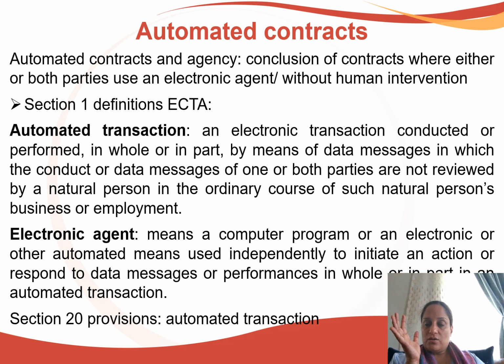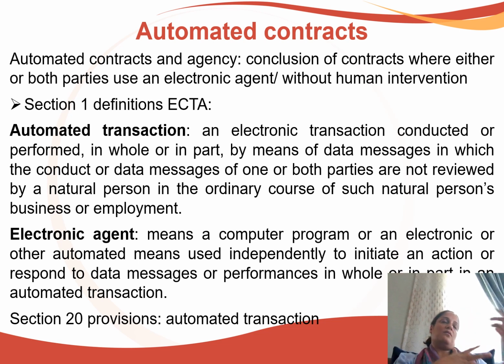What about automated contracts though? You've got all of these other contracts where you've got this meeting of minds happening and formalities and so forth. What about those automatic ones where you just click and then it's gone? Right at the onset of the ECTA, in Section 1, they talk about automated transaction and electronic agent, and Section 20 talks to automated transactions.